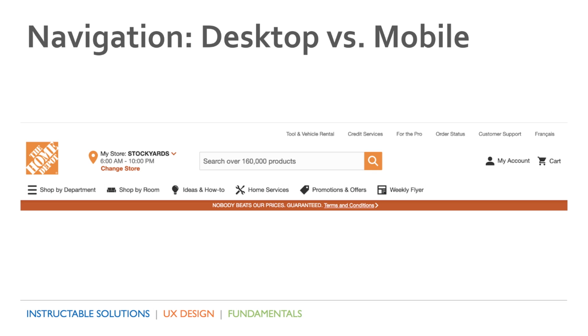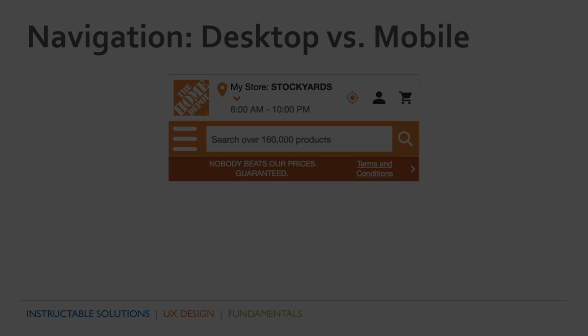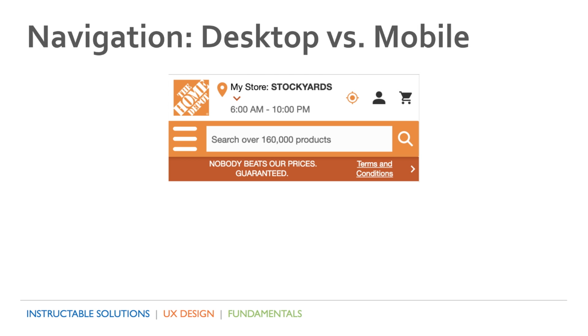Comparing navigation structures to mobile, there is a drastic change. Home Depot's mobile navigation compresses a number of those elements. It still features icons to represent some of the key elements of the courtesy nav, but it moves all other elements under that hamburger icon, which is the 3 lines on the far left of the screen.